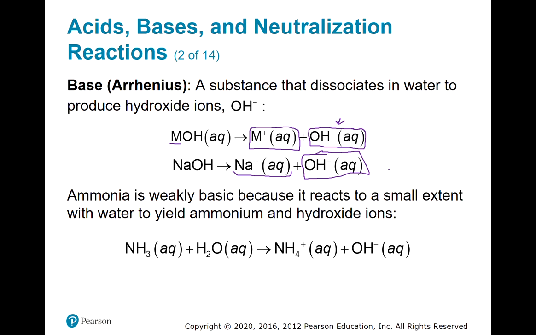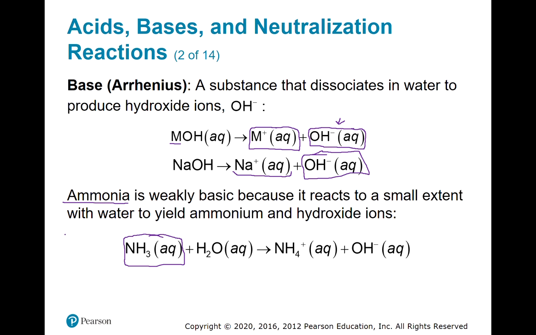Now, when we talked about weak acids and bases, I mentioned that there was one specific weak base that was common, but didn't actually have hydroxide in the formula, and that was ammonia. So ammonia is NH3, and you might look at this and say, how can that be a base? It doesn't have OH anywhere in the formula. There's not even oxygen at all in that compound.